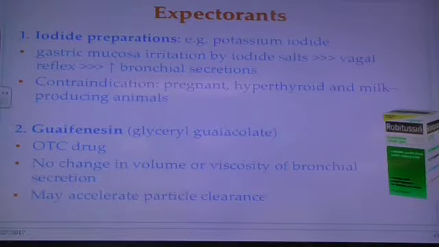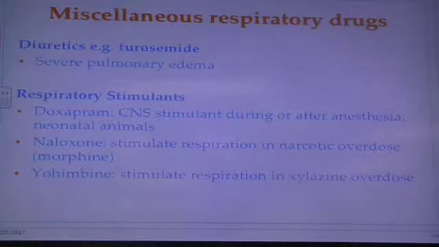Contraindications: iodine can be toxic for pregnant animals and hyperthyroid animals, and we cannot use it for animals that produce meat or milk because there will be residue in the milk. The other one is guaifenesin, which we know as Robitussin, an OTC drug. It doesn't change the volume or viscosity of bronchial secretion, but may accelerate particle clearance. We don't know exactly the mechanism of action for this drug.